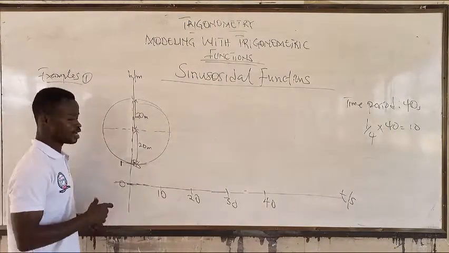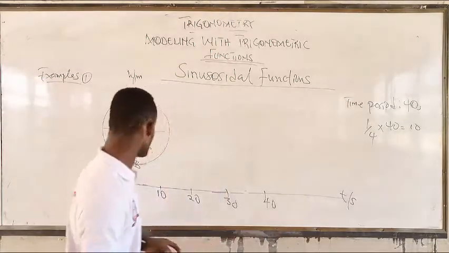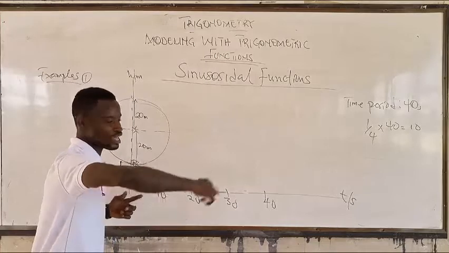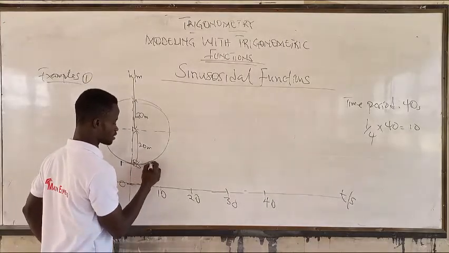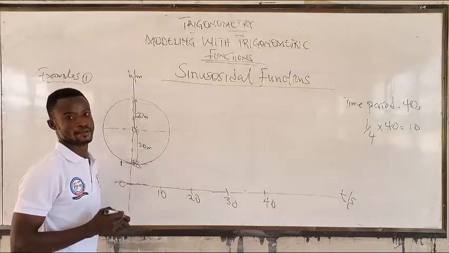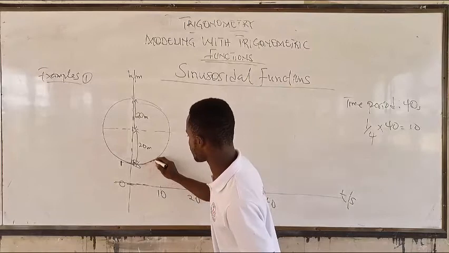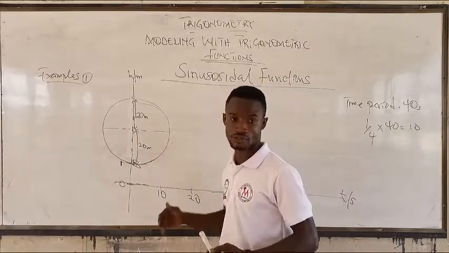And now, when the passenger gets on at the point B, it will begin to rotate. So know that your Ferris wheel will start from here. That is what you have to know for that place.